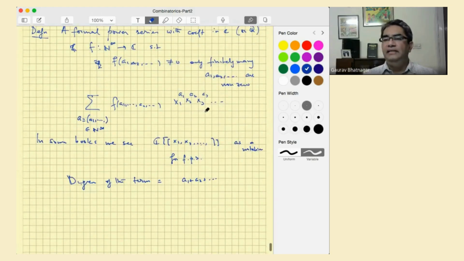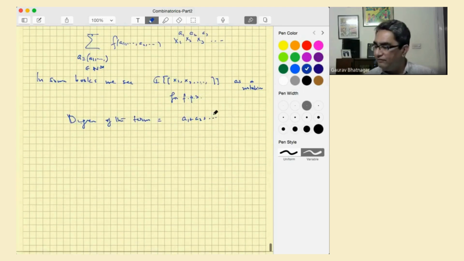What we are saying is that there may be an infinite number of terms. The variables are x1, x2, and so on, but there are only finitely many of the xi's in one particular term. So you won't get an infinite product here. You'll get only finitely many over here. And that fits with our story.